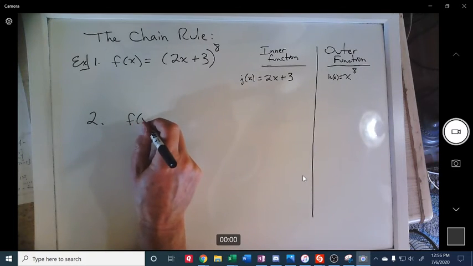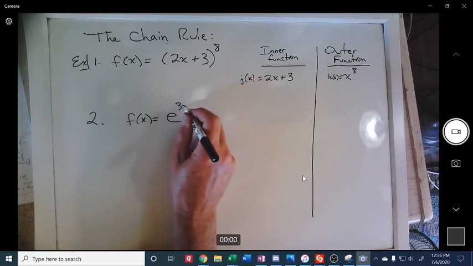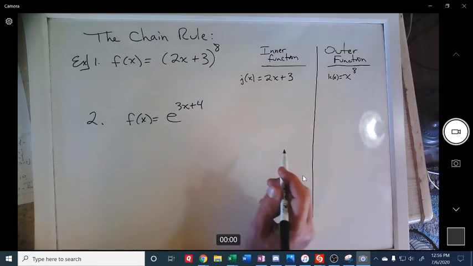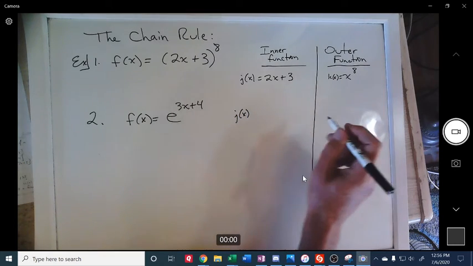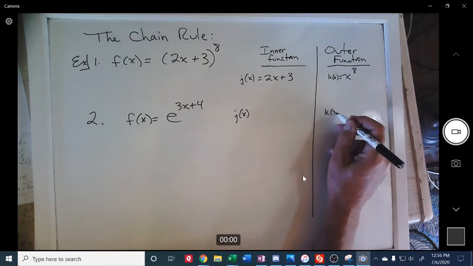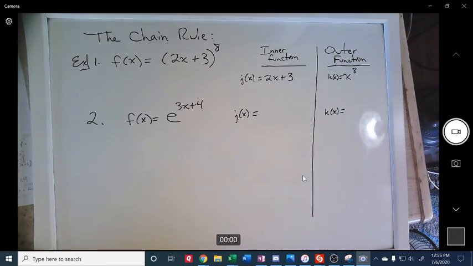F of x is equal to e to the 3x plus 4. Let's make an inner function j of x, an outer function k of x, and you pick which is which, and go ahead and work in your groups, and I'll pick on a group in a moment.